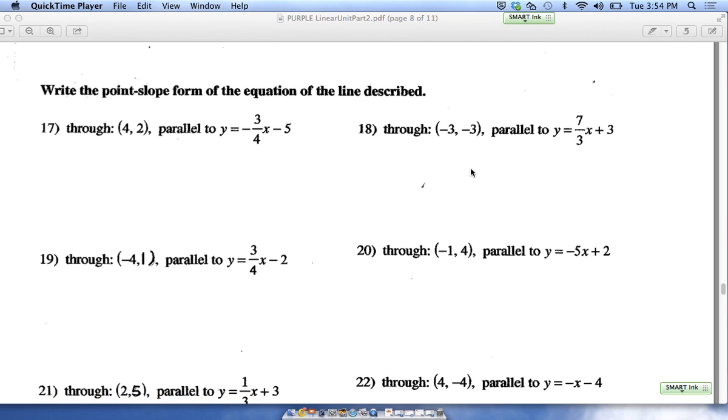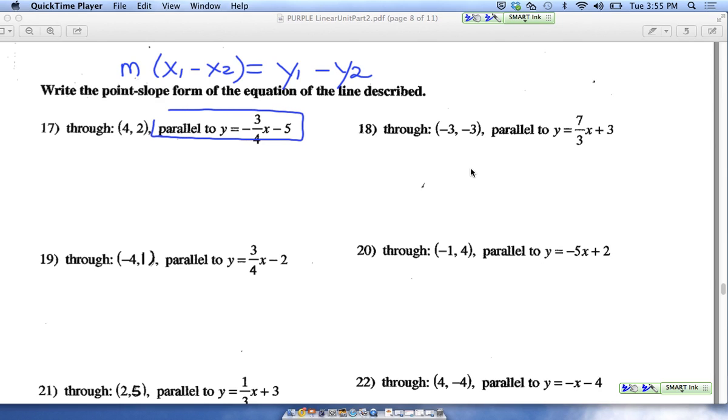Okay, and the problem's at the bottom of the page. Write the point-slope form of the equation of the line described. So here's my point-slope form. Let's put my generic model. And if I'm trying to find a line that's parallel to the given line, the slope of the given line is negative 3 over 4.